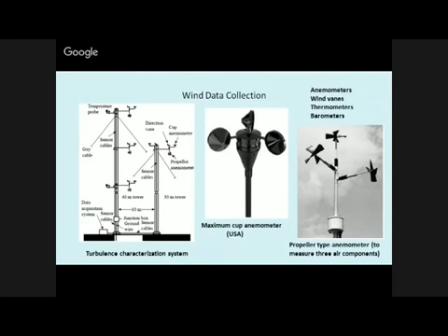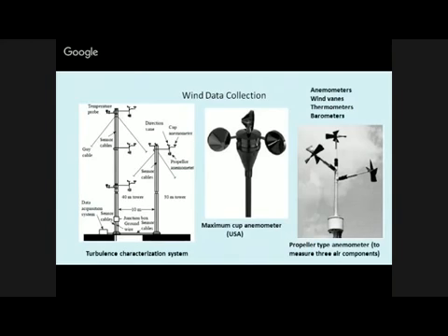For that purpose, normally wind data collection is used, and the anemometer is a very important device. It is provided at different heights, normally 10 meters, 40 meters, and sometimes more, and continuously around the year it measures velocity and direction, and other parameters, for example temperature and atmospheric pressure.